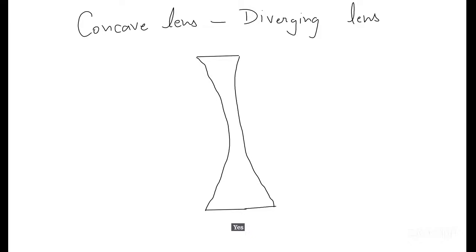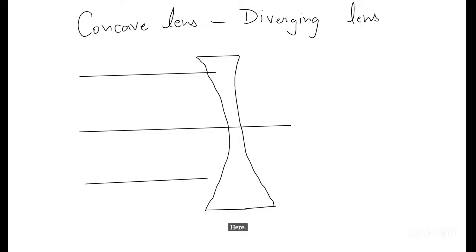Okay. So we have a light ray passing from here and here. And what happens? They'll go till here, and then they'll diverge in this direction, like this.